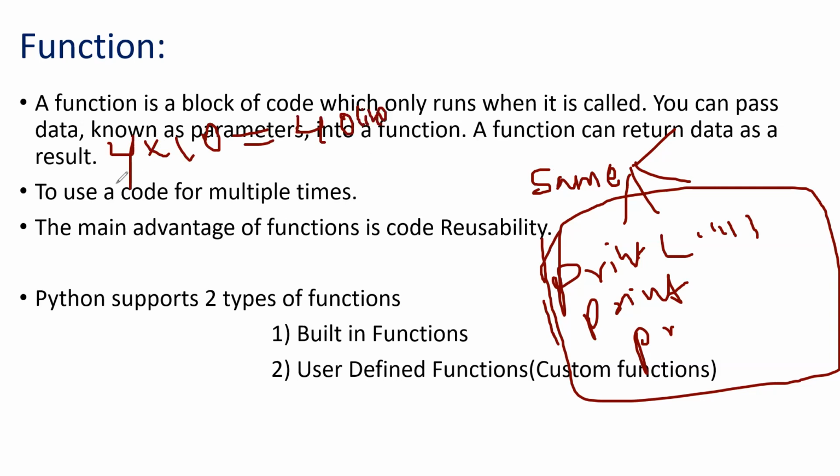But using a function, we can optimize and make the code concise, to some 5 to 10 lines only. We create one function and use it multiple times. This is the purpose of the function in Python.